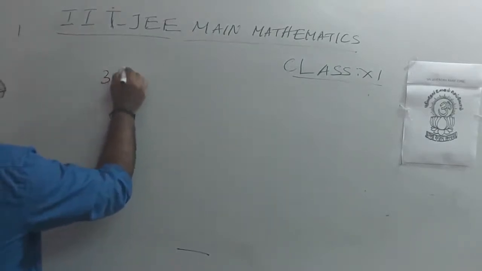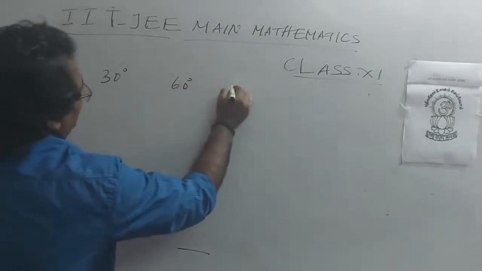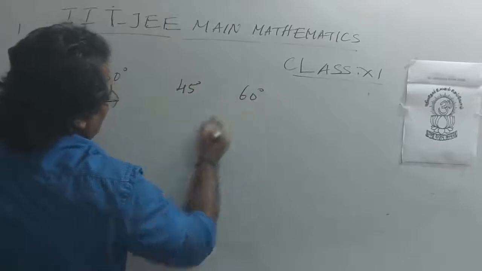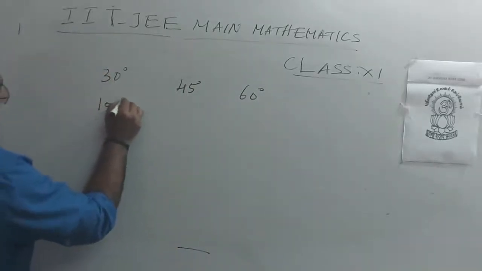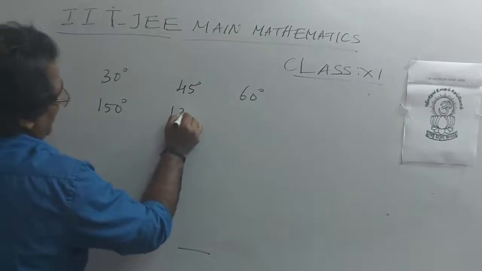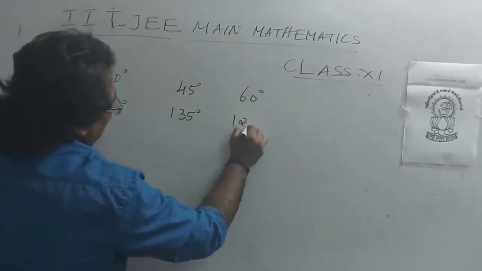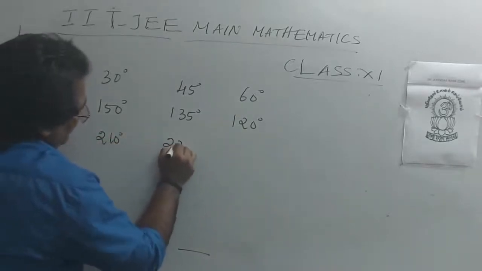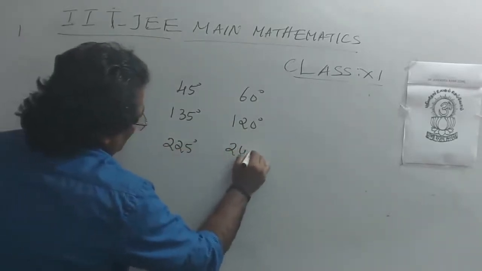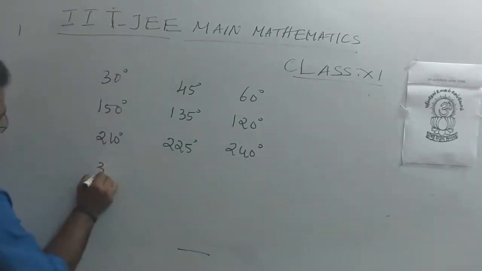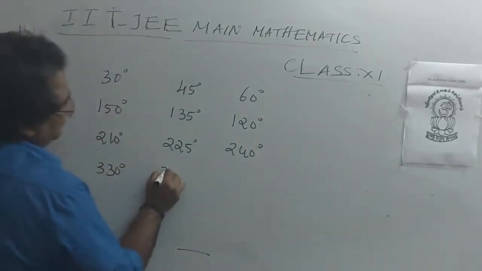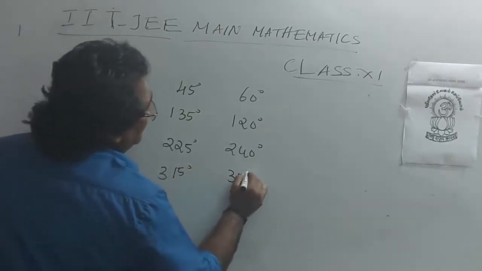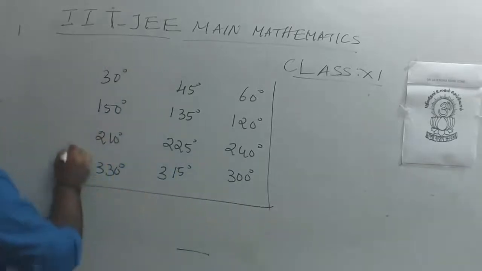You take 30 degree, 45, 60, then 120, 135, 150, then 210, 225, 240, then 300, 315, 330. Yeah, remember these kinds of angles.